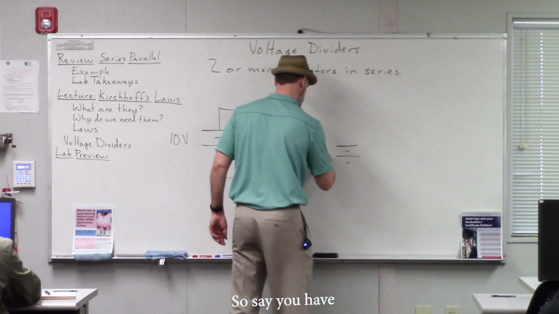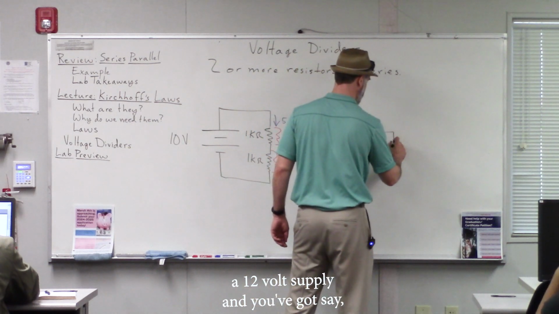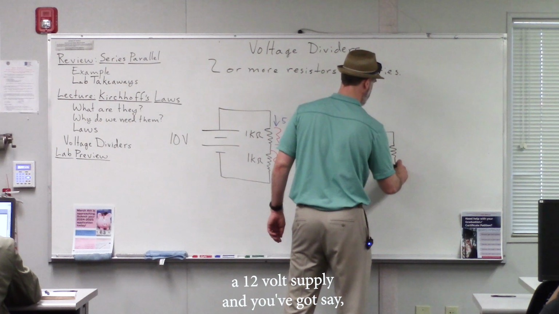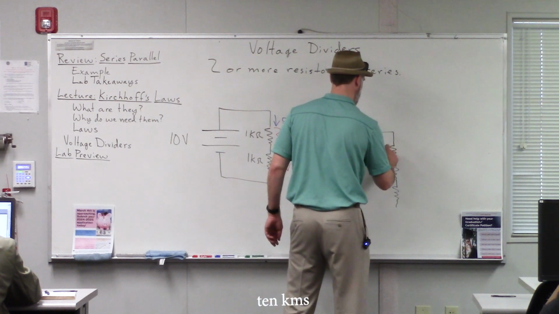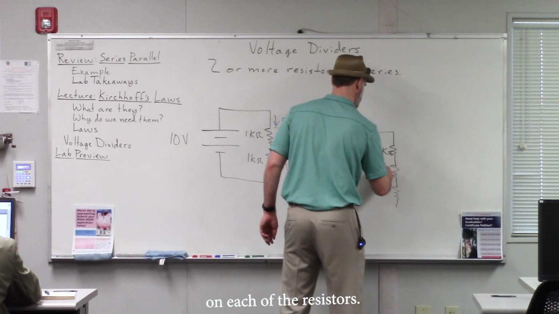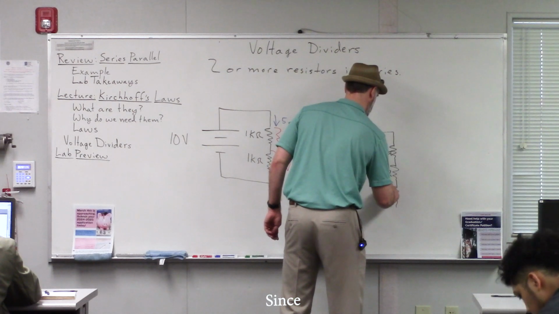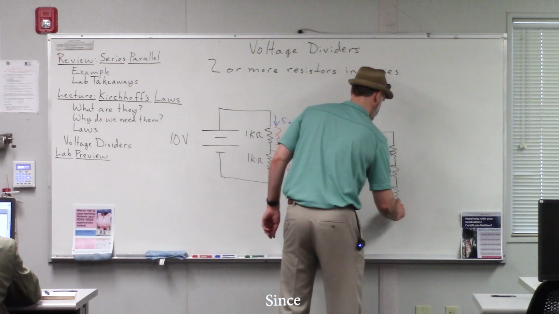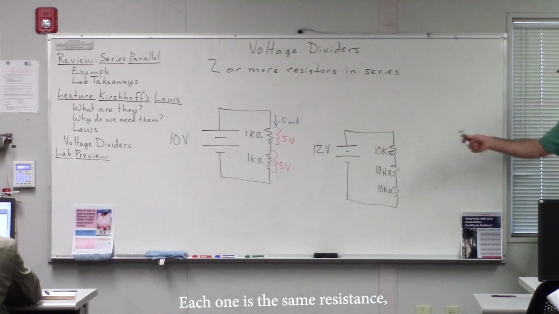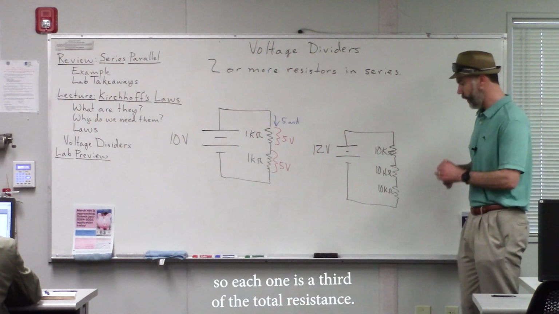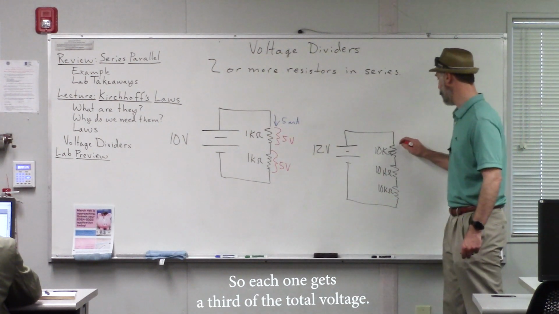Okay? So say you have a 12-volt supply, and you've got, say, 10 kilo ohms on each of the resistors. Then you've got 3 resistors in series. Each one is the same resistance. So each one is a 1/3 of the total resistance. So each one gets 1/3 of the total voltage.